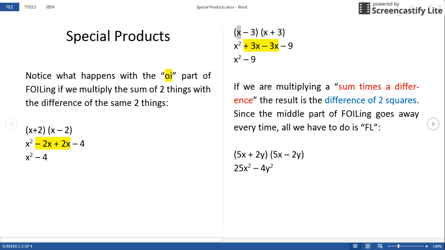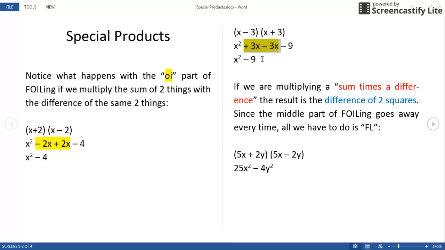Here, x times x, the first ones, makes x squared. The outside, 3 times x, made 3x. The inside, minus 3 times x, is minus 3x. And then the last, minus 3 times positive 3, made negative 9. So now again, we've got additive inverses that came from the outside and inside stuff, and they're going to go away.